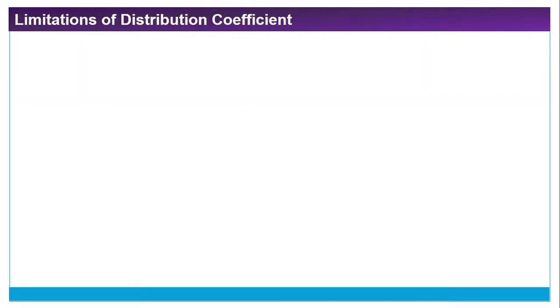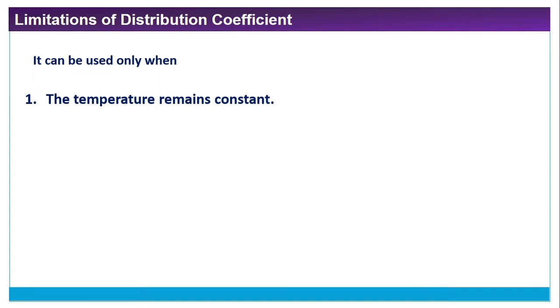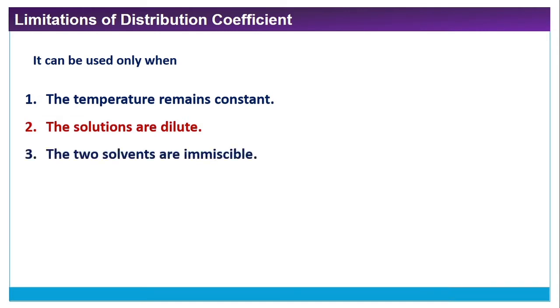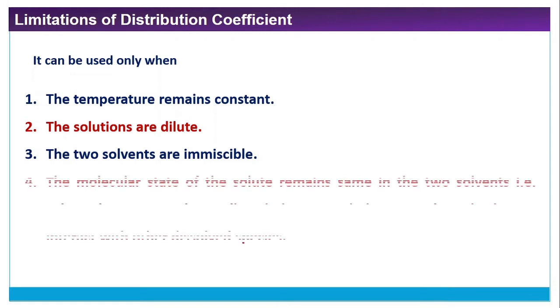Limitations. What are the limitations of the distribution coefficient? It can be used only when the temperature remains constant. The solution should be dilute. The two solvents in contact should be immiscible with each other.